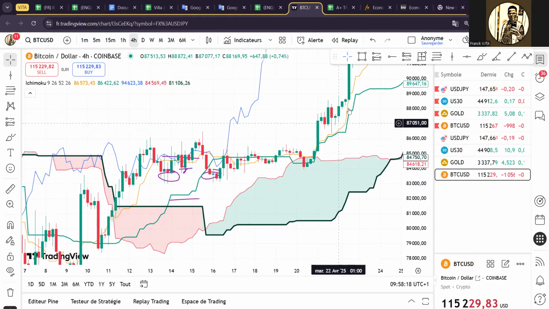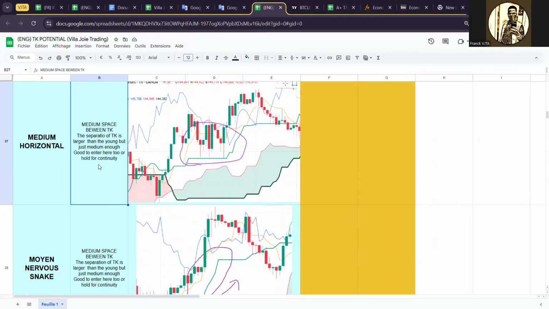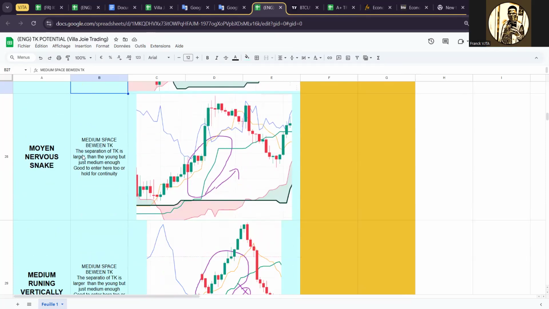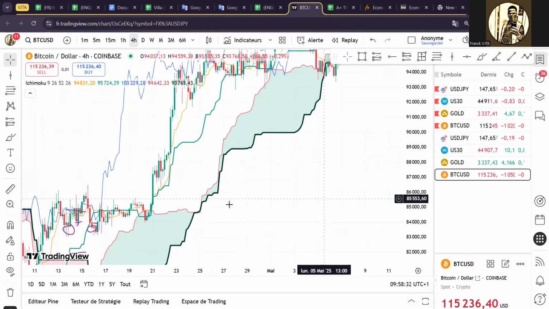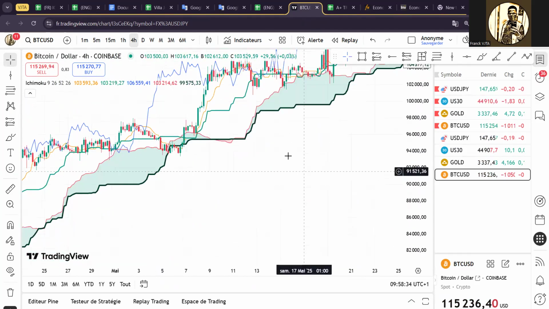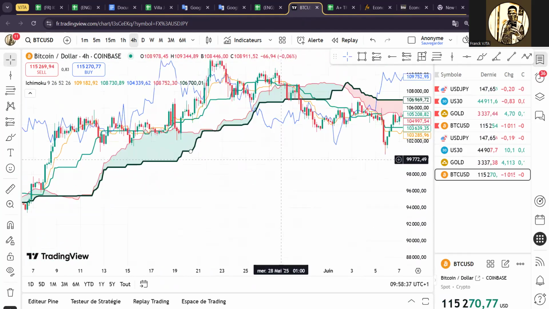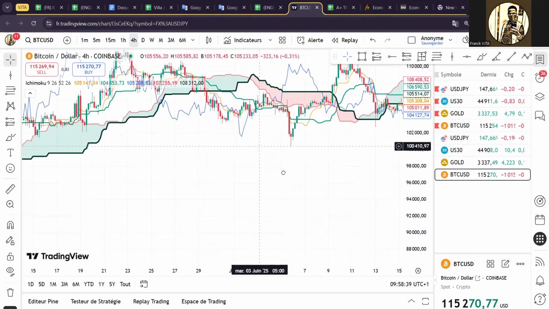But from this medium, right, is the best hold opportunity. The best of the medium is the best hold opportunity. Then you can also have a medium going to the downside, like the medium size between Tenkan and Kijun, but going down.